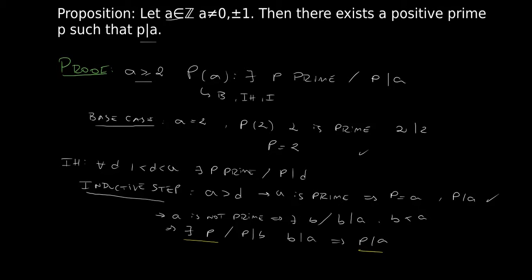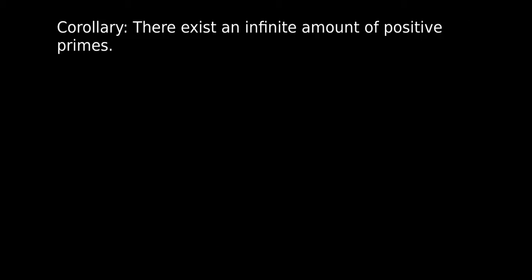Let's now try and prove this very important corollary. It says that the number of primes is infinite. The proof we're going to do is one that Euclid did in the year 300 before Christ. And it's not very hard.